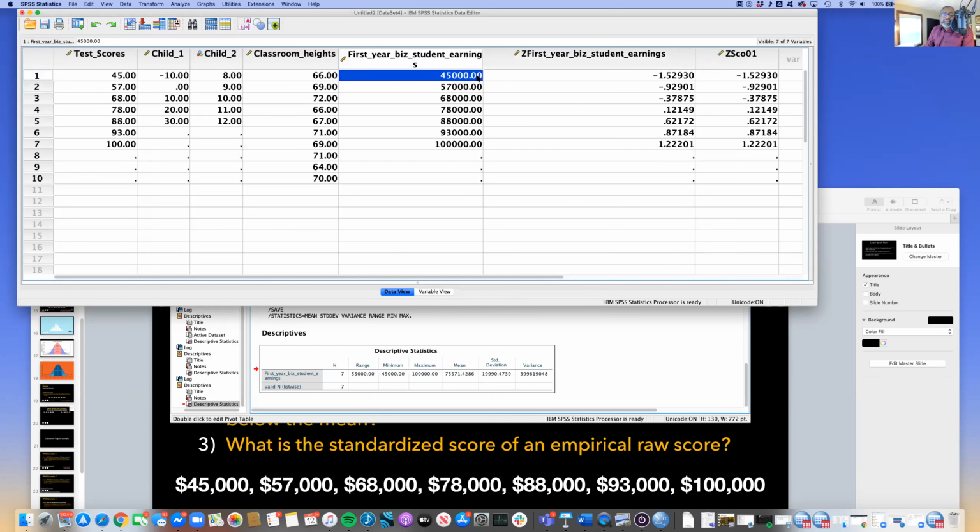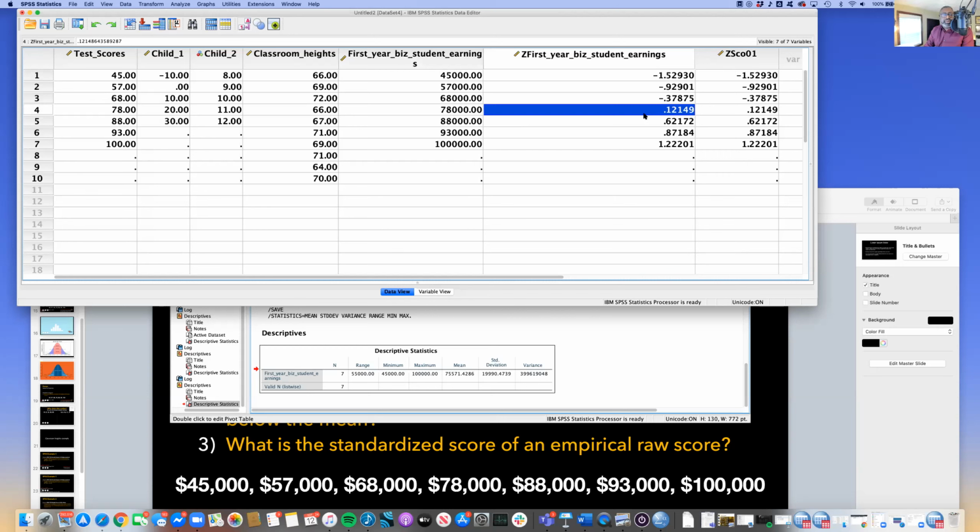So $45,000 is negative 1.5 standard deviations from the mean. 57, negative 0.92 standard deviations from the mean. Now, what's the closest number to $75,000, our mean? What's the closest data point? 78,000. Now look how small that standard deviation is from the mean. 1/10. All right.